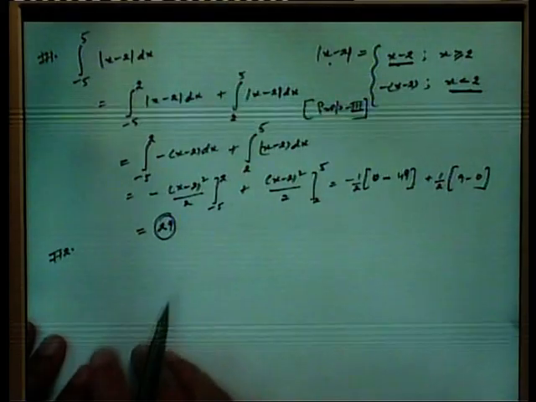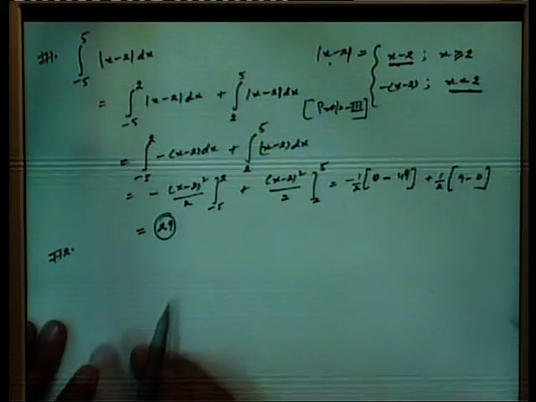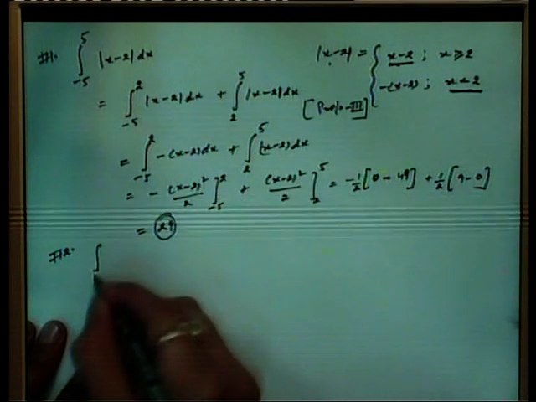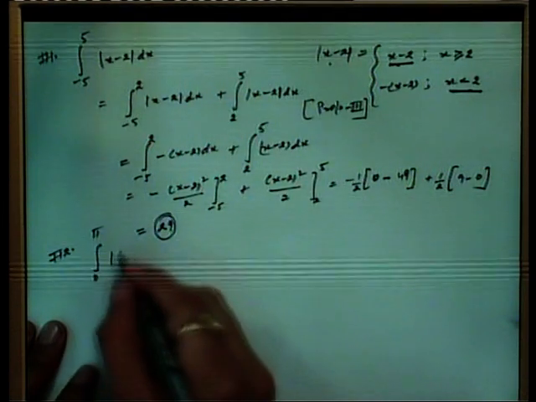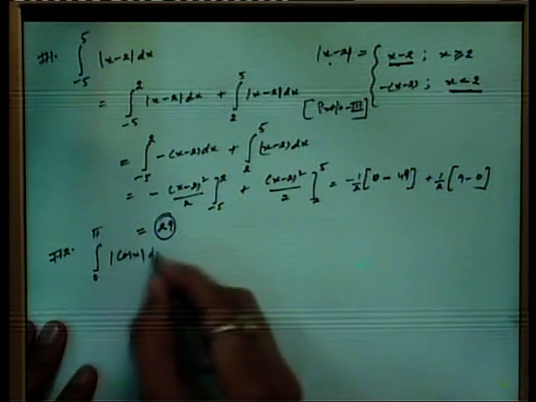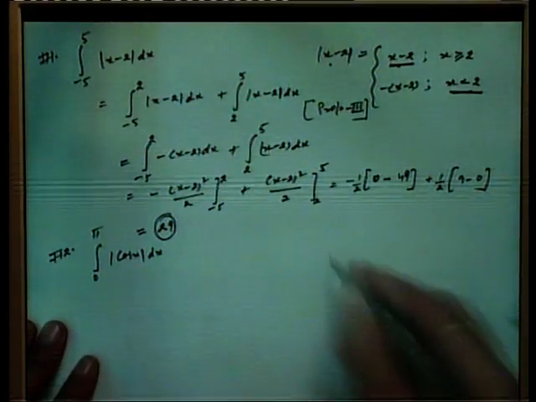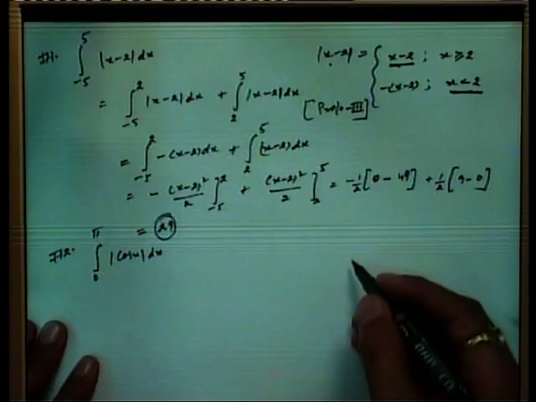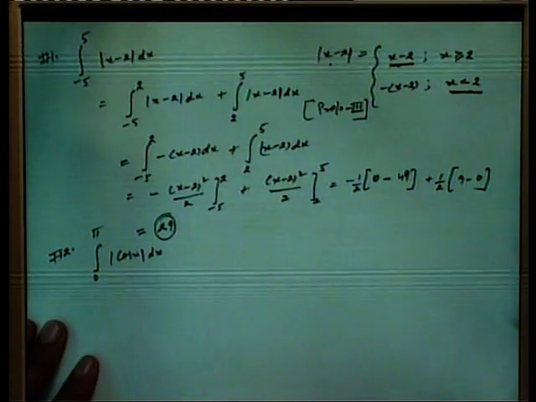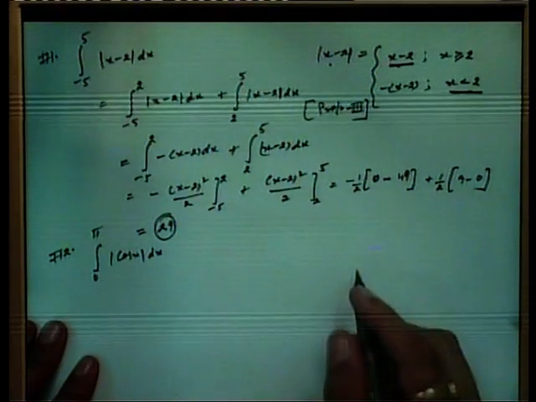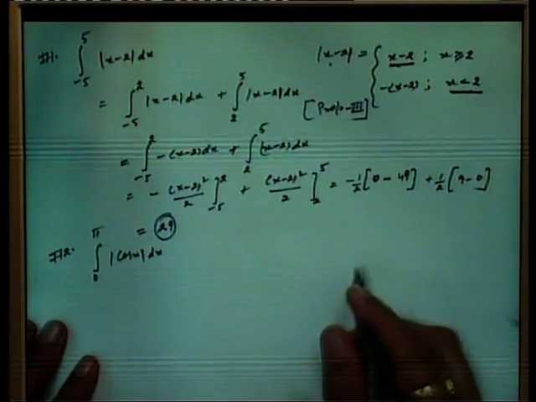Similarly, you can take one more question like that: integral 0 to pi of mod cos x. You see that the behavior of cos x in the first and the second quadrant is different.